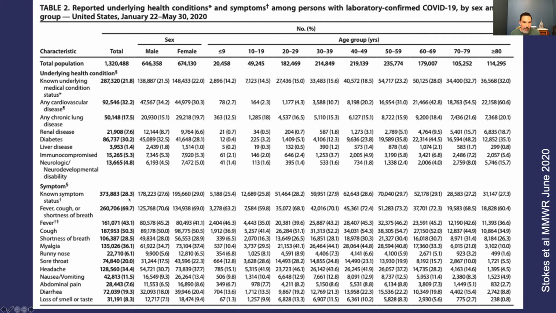And similarly, for symptoms, for the 28.3% for whom information on symptoms was reported, nearly 70% had fever, cough, or shortness of breath, and only 43% had fever, interestingly. 50% had cough, 28% had shortness of breath, 36% had myalgia or muscle aches, and about 20% had sore throat, 34% had headache, 28% had diarrhea, and 8.3% had loss of smell or taste, also known to be a hallmark symptom of COVID-19.